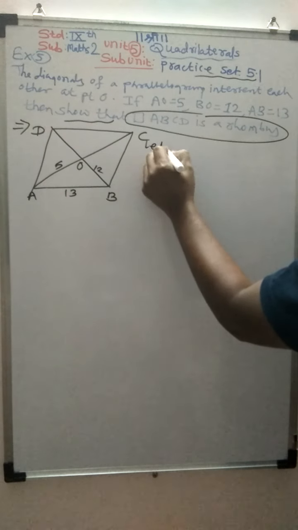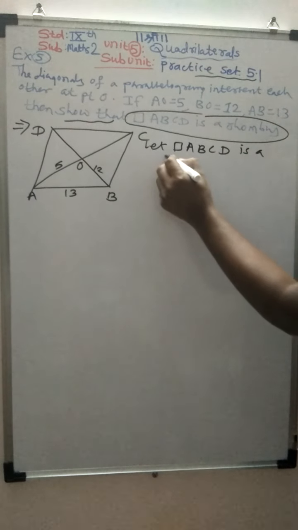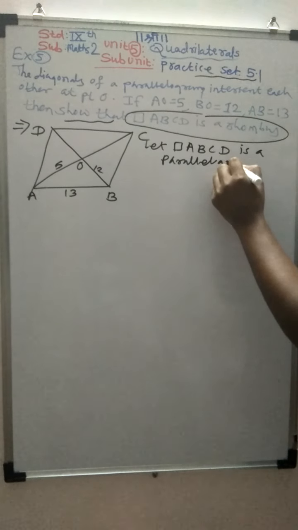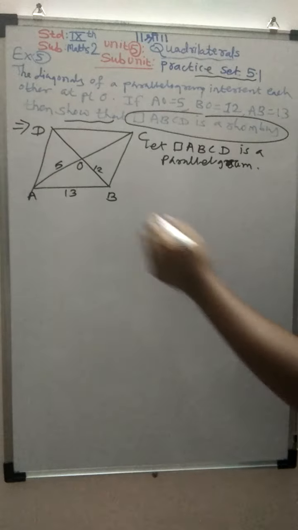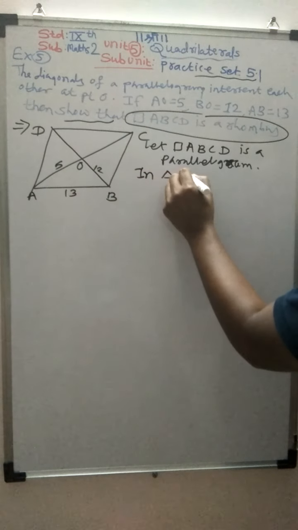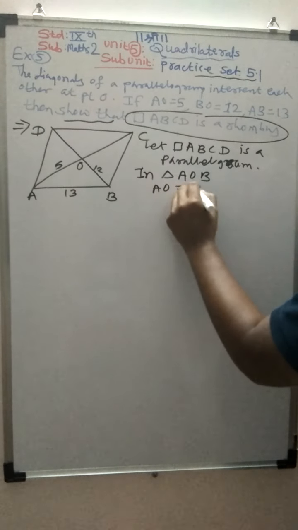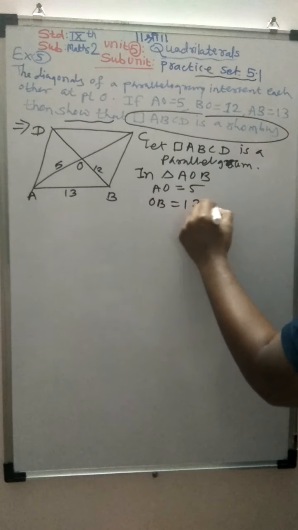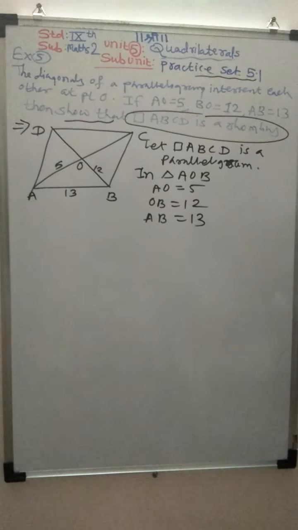So first we write down, let quadrilateral ABCD be a parallelogram. This is our given parallelogram. Also given that, see in triangle AOB, AO is 5 units, OB is 12 units and AB is 13 units.